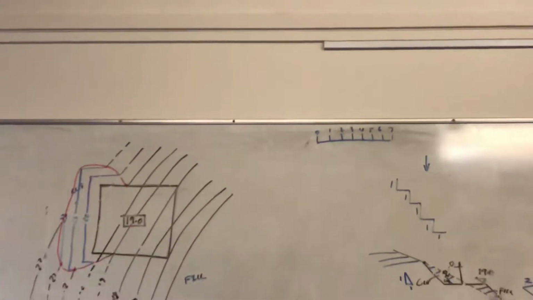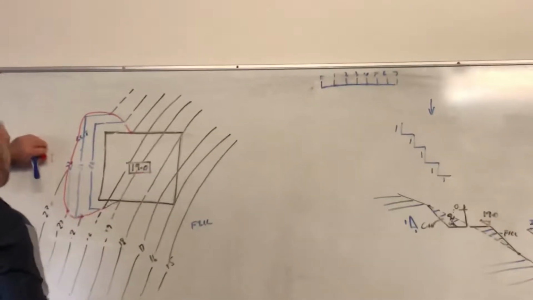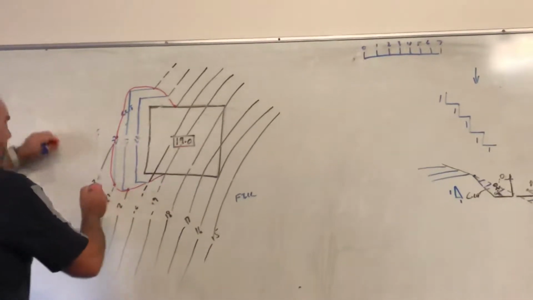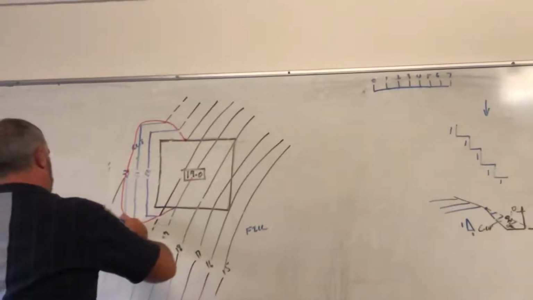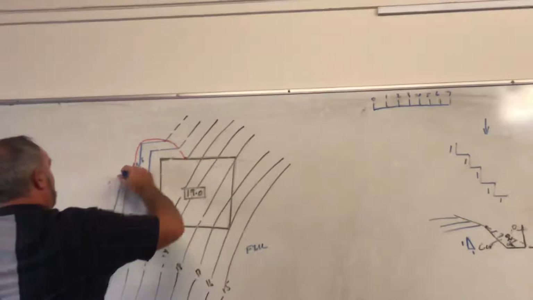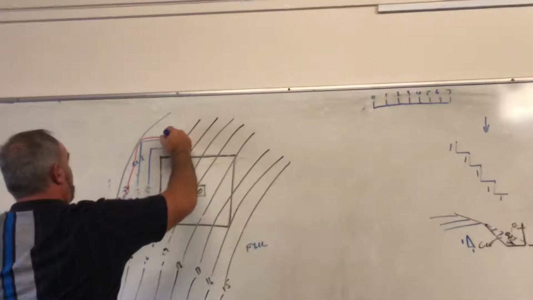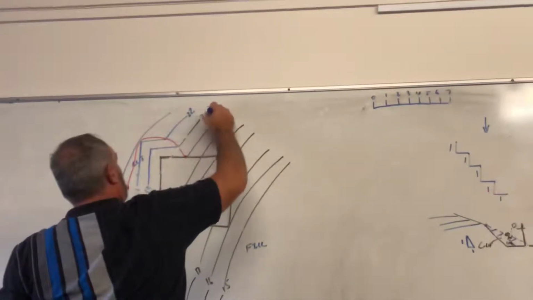So we'll do a quick check. I've done this wrong. Let's have a look. Twenty-three goes around like that, doesn't it? That's 22. 22, 21.